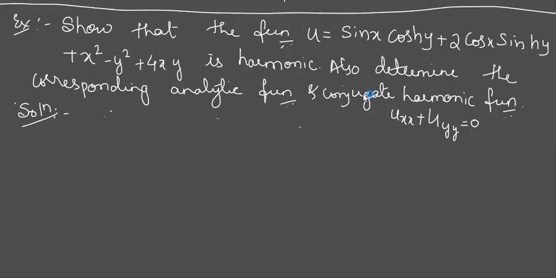So let us take this example where first we have to show that the function is harmonic. So here we are going to show that uxx plus uyy equal to 0, so that it implies that u is harmonic. Okay.